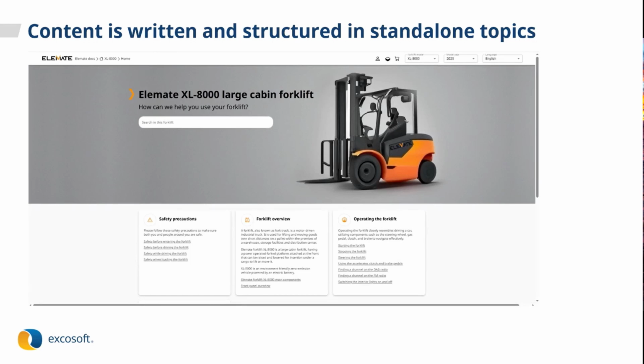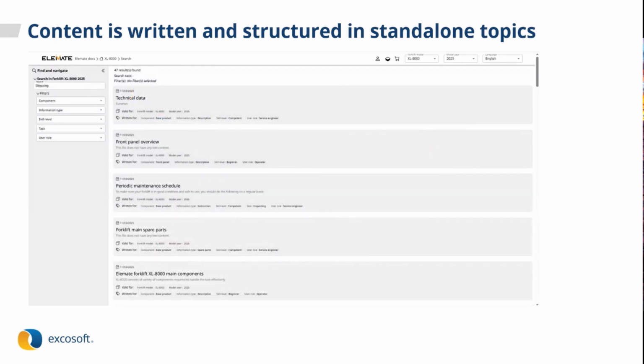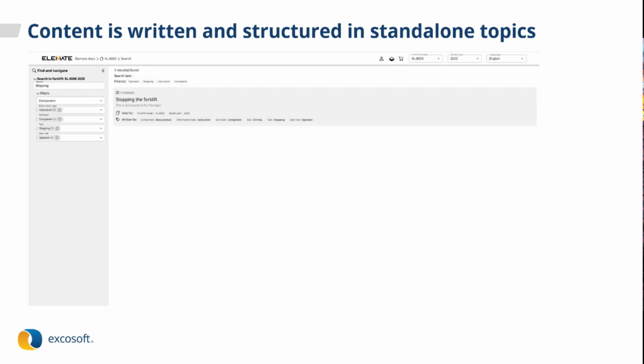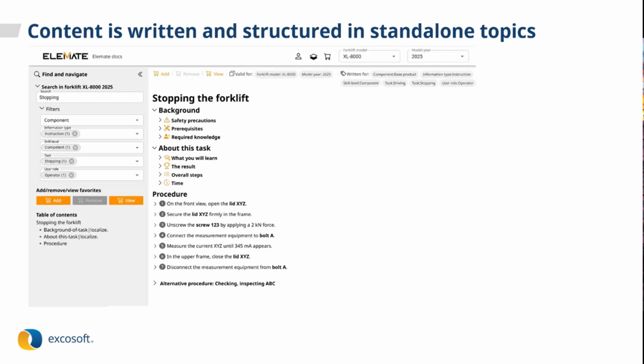So users go to the CDP, enter some keywords, and get search results. Each of these boxes here is a standalone topic. They are not organized in any data map, so there's no table of contents per se. So each topic is self-contained. Users can use filtering and opening up.